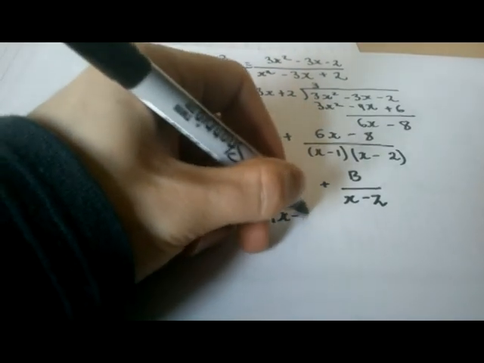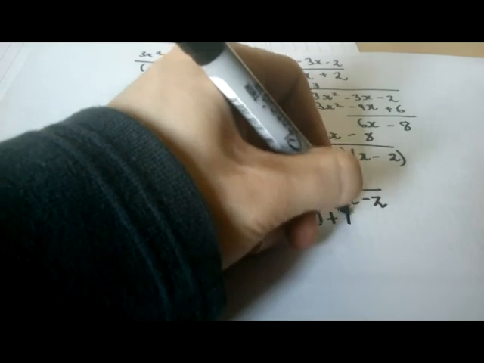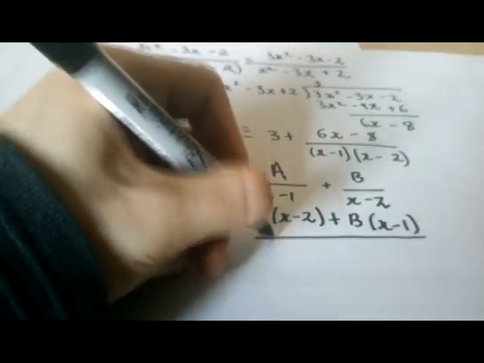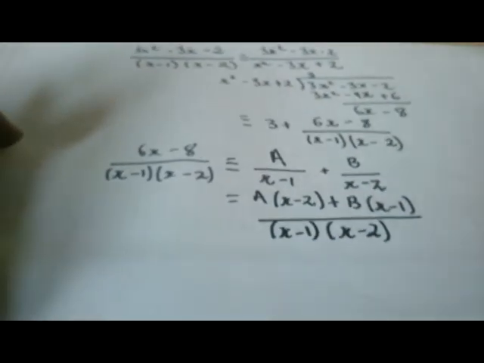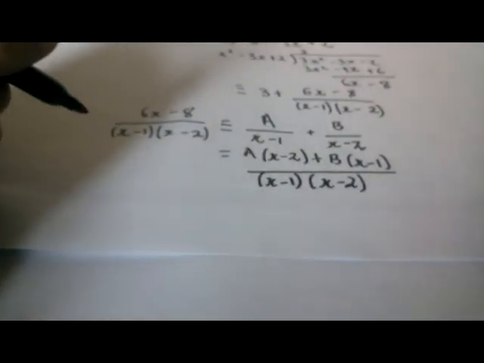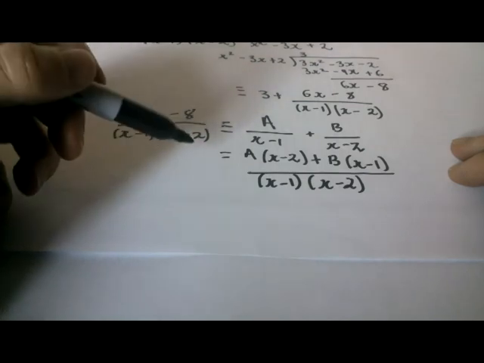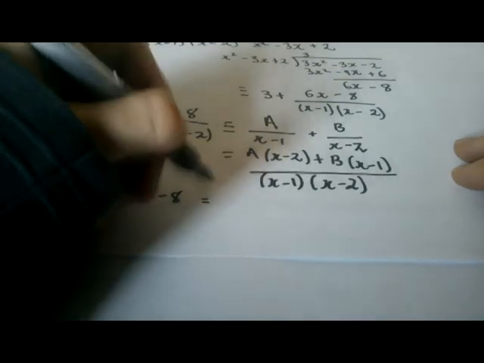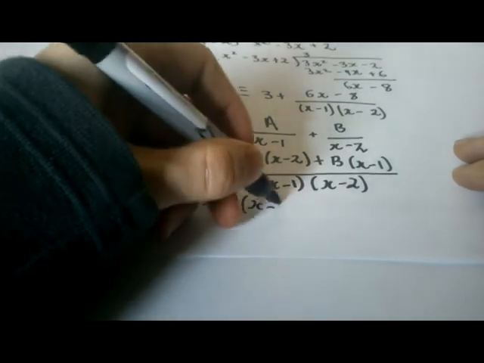That's just going to give you the numerator divided by (x minus 1)(x minus 2). Alright, so you've got that. Basically, we're going to use the usual method. We let the numerators equal each other, so 6x minus 8 equals A times (x minus 2) plus B times (x minus 1).